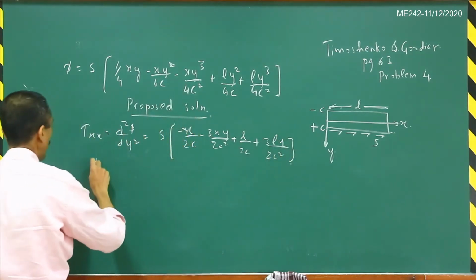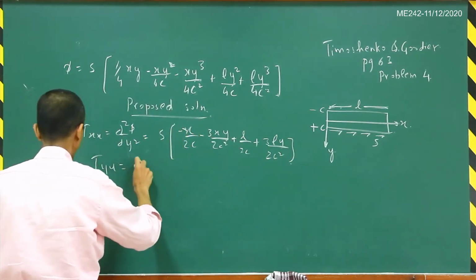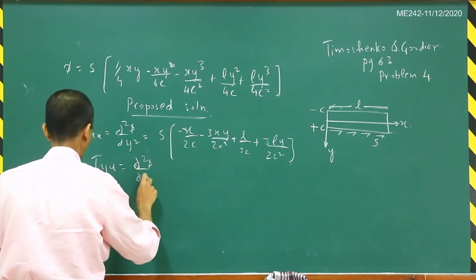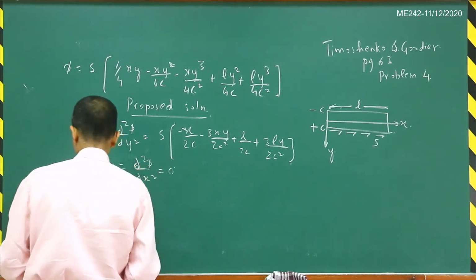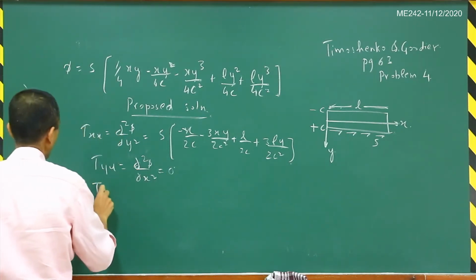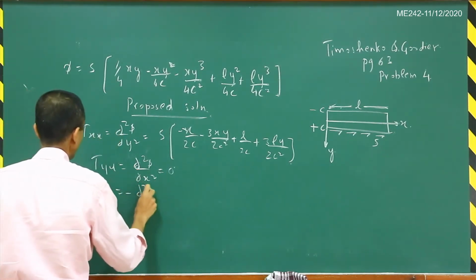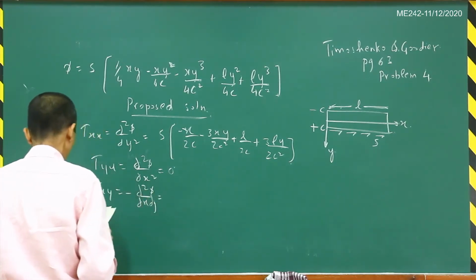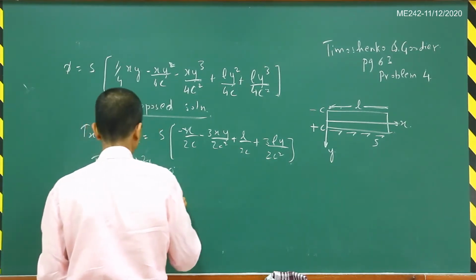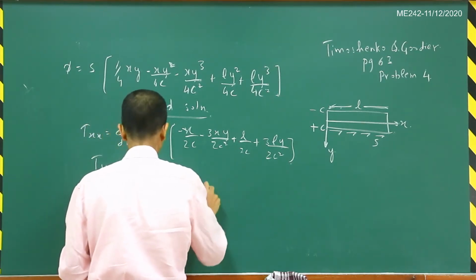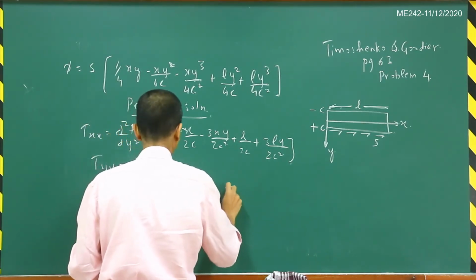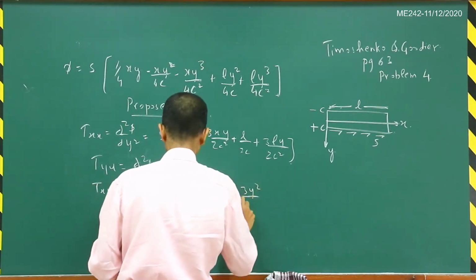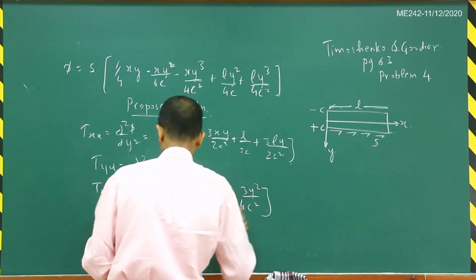Then tau yy is equal to del square phi by del x square, so that is equal to 0. And then tau xy is equal to minus del square phi by del x del y, so that is equal to minus s times 1 by 4 minus y divided by 2c minus 3y square divided by 4c square.